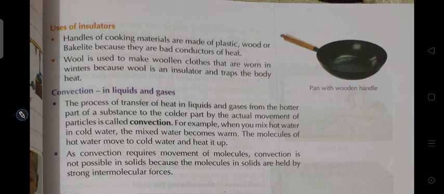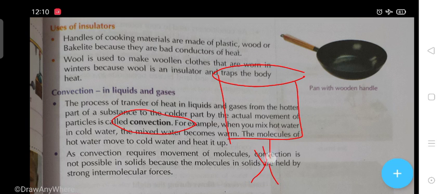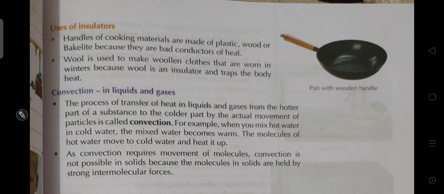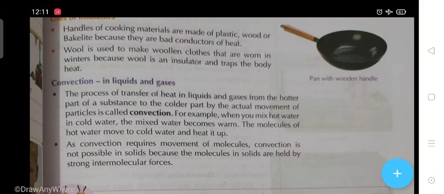Especially whenever we heat water, this convection method is used. For example, if you take water in a bucket and you heat that bucket, how will the water heat?